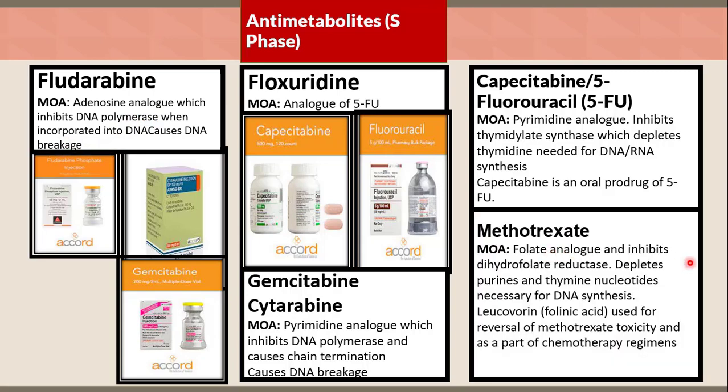Methotrexate, a folate analog, inhibits dihydrofolate reductase, depleting purine and thymidine nucleotides necessary for DNA synthesis. Leucovorin, folinic acid, is used for reversal of methotrexate toxicity and as part of chemotherapy regimens.